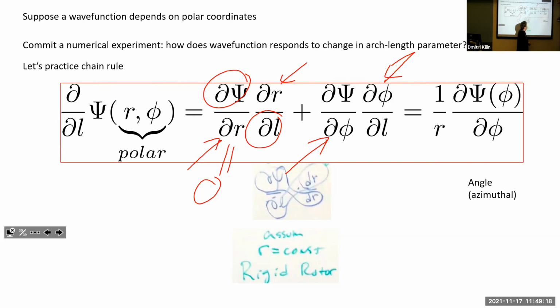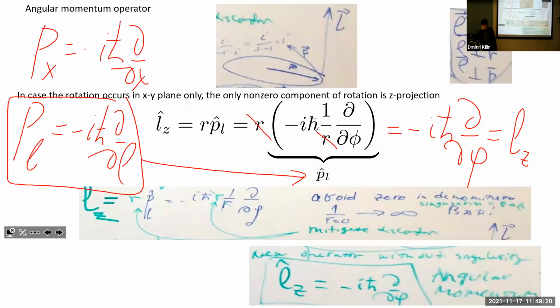Okay, so if we want to make an analog of momentum along the arc length, no, we will not do it.